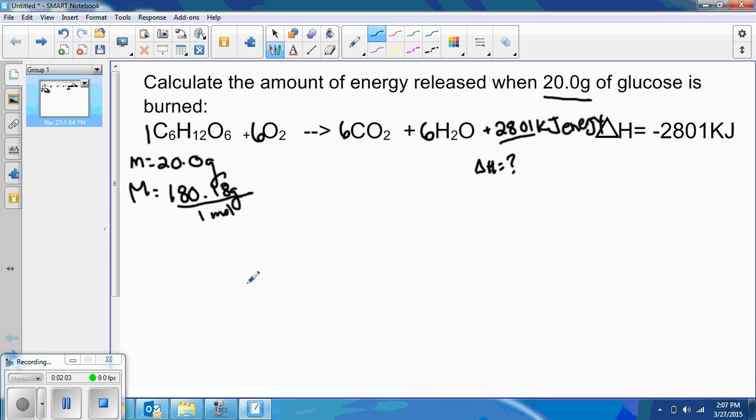So we're going to set it up the same way we would any stoich problem. Start with what you know and work your way towards what you're solving for. So we're going to take our known, which is the glucose, and I know that I have 20 grams of C6H12O6, and we'll just put that over 1.